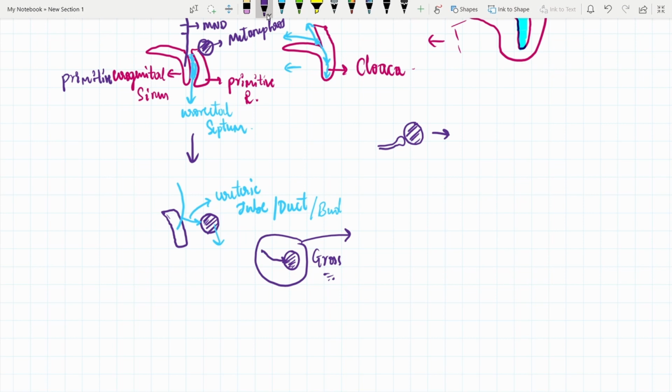Like this. This is called metanephric cap.